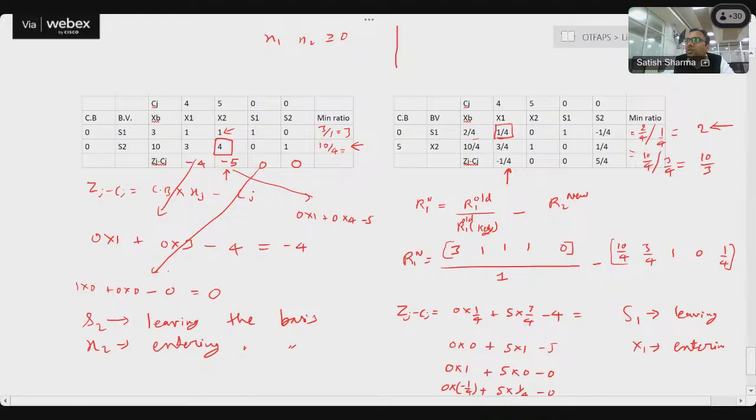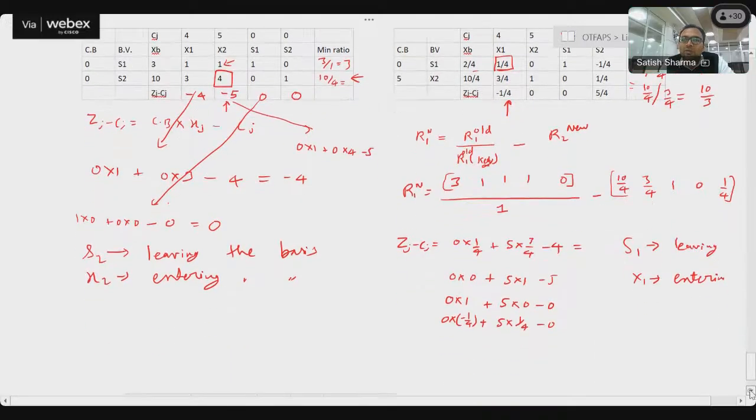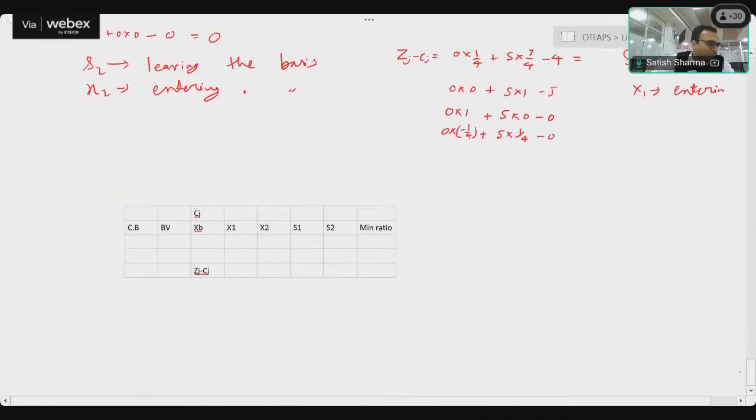And we will solve it until all the Zj minus Cj are positive or 0. Okay, so we will solve it until all the Zj minus Cj are positive or 0. And if you solve this particular last table, it's basically 0 and 0.